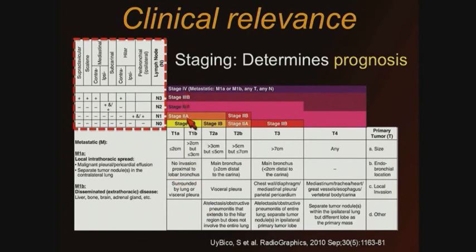So let's take a look at the nodal staging and how it impacts the overall disease staging. And as we know, staging determines prognosis, so it's important to know how we define this. N1 disease is defined as ipsilateral peribronchial or ipsilateral hilar lymphadenopathy that is involved by tumor.